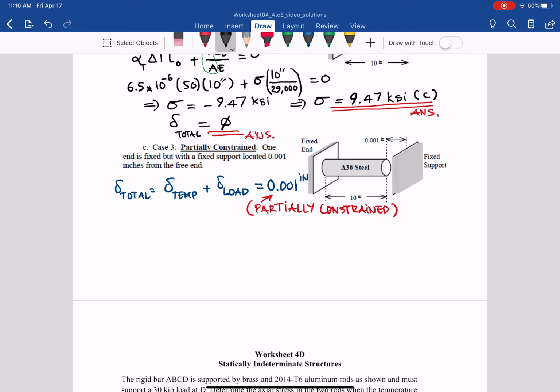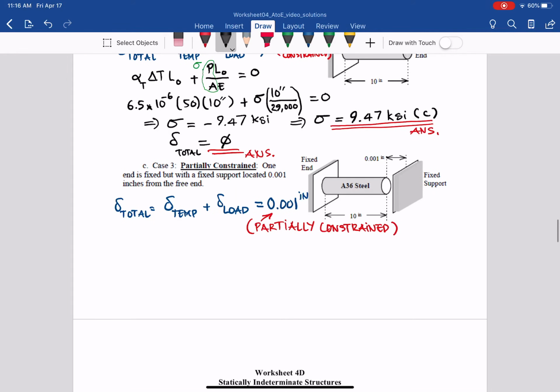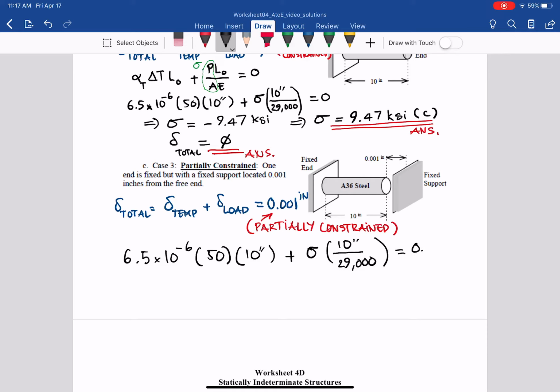So from that you can plug in with the equation. It will be delta total: 6.5 times 10 to the negative 6 times delta T of 50 times L naught equal to 10, plus sigma times 10 inches over E of 29,000, and it equals the total deformation 0.001 inch.